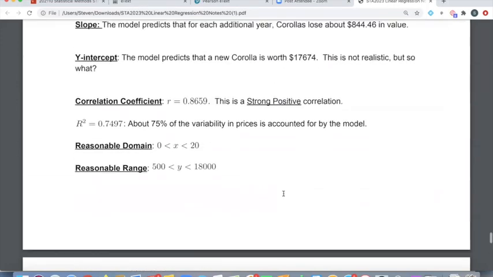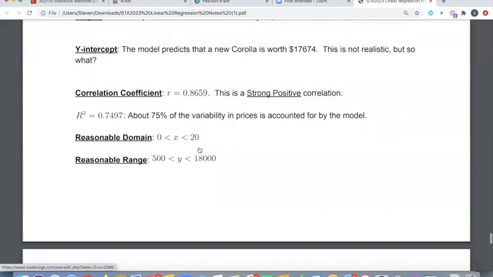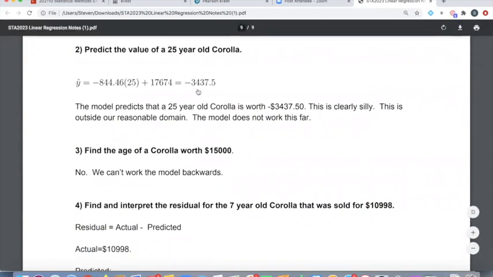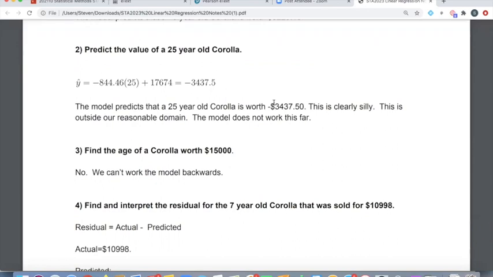Remember, we came up with this reasonable domain here, and we just estimated that it probably won't work past 20. We were right in some sense. It clearly doesn't work to 25. So we didn't do anything wrong. It's just the model isn't built to predict the value of 25-year-old Corollas.